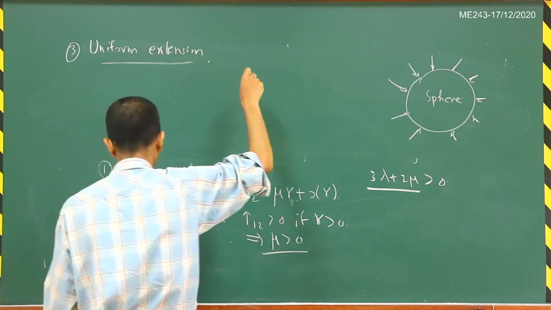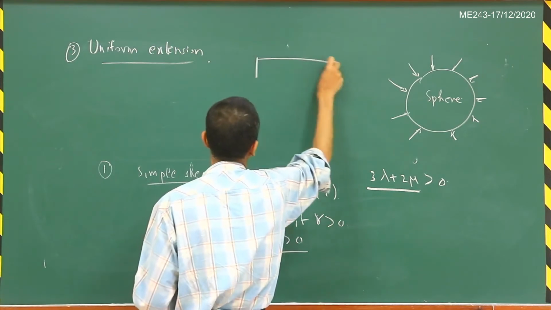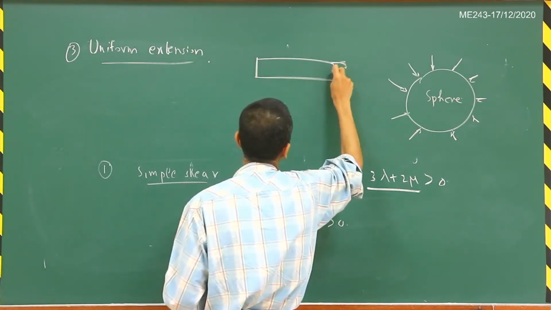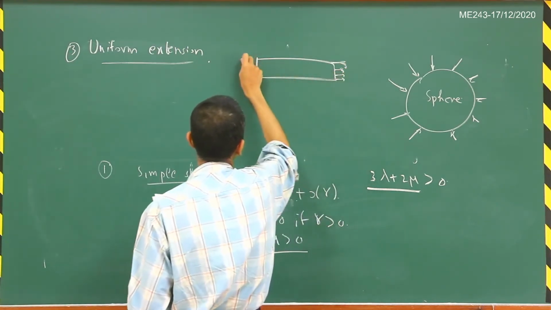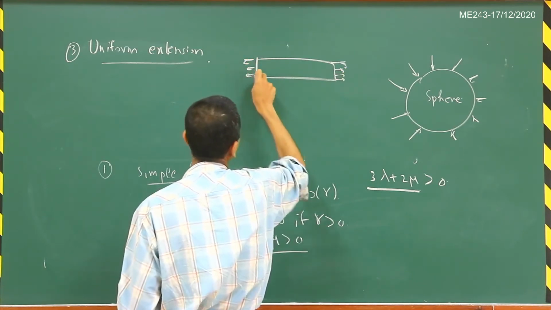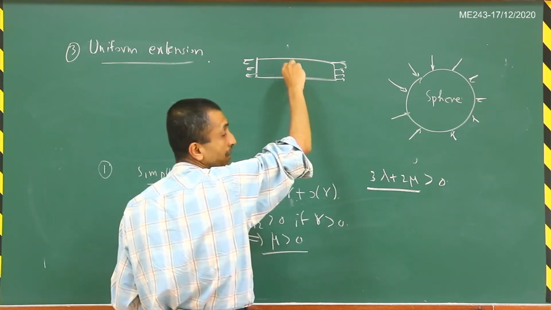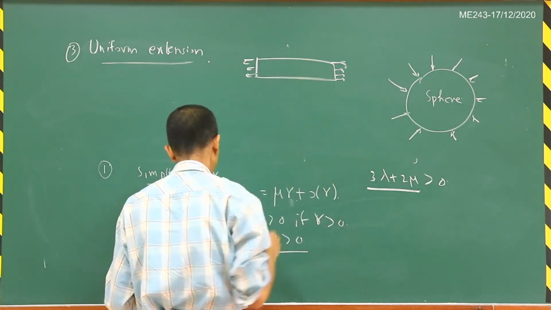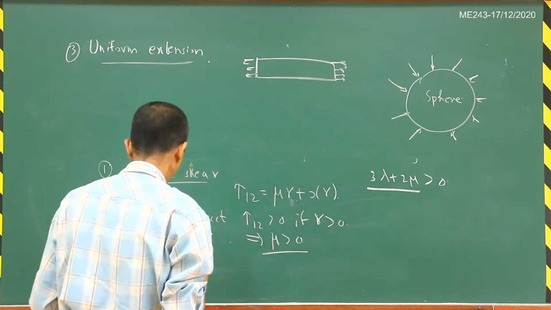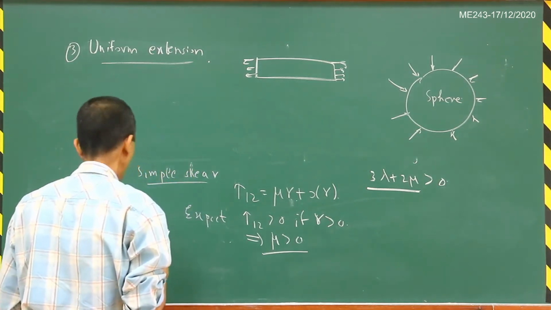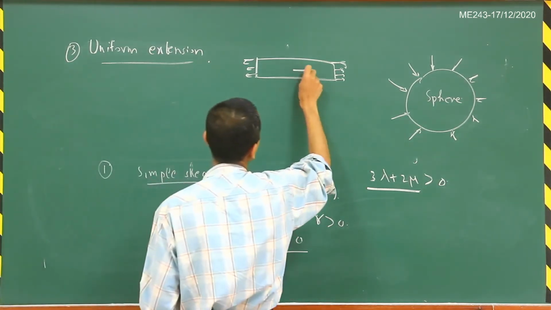By that I just mean this one here, right? We are taking a bar and then just applying a unidirectional traction here, and then there will be a contraction in this particular direction, which is the Poisson contraction here, right? So in this particular case, you take this to be the one direction, suppose.